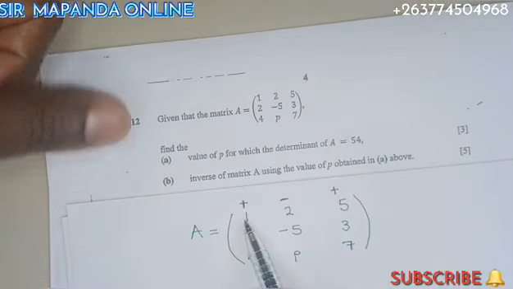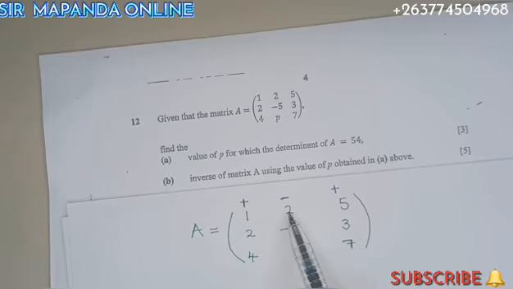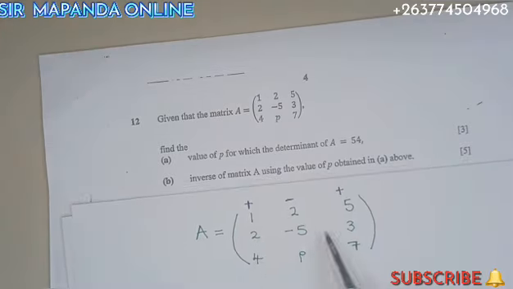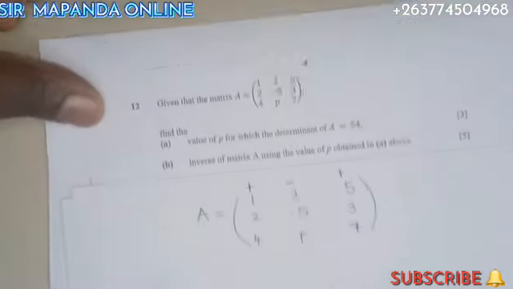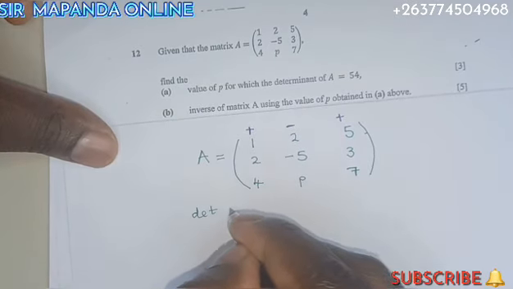So it means this 1 is going to be treated as plus 1, this 2 is going to be treated as minus 2, and this 5 is going to be treated as plus 5. But other numbers are going to remain the same. I hope you are following. So in simple terms, the signs are going to affect the top row. Right, so the determinant of A is going to be found as follows.